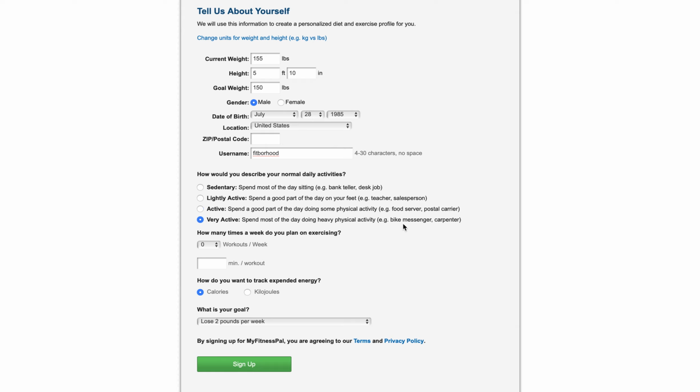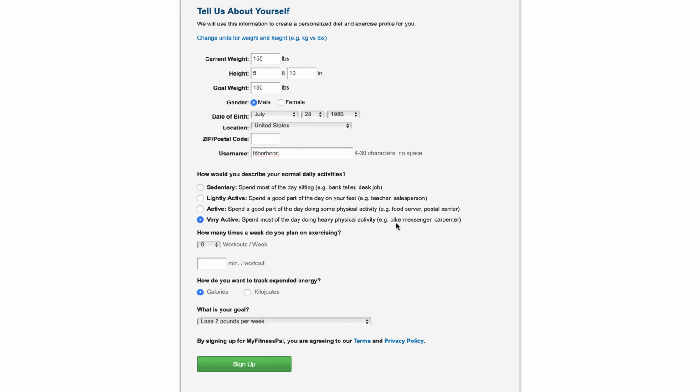Very active, I always like to think of my brother-in-law who used to work in the heating and air business, and I would consider him at that time to select the very active because he's spending the majority of the day doing heavy physical activity. He was hauling HVAC units most of the time by himself because the dude's just a strong man.